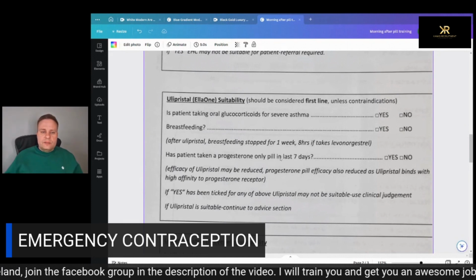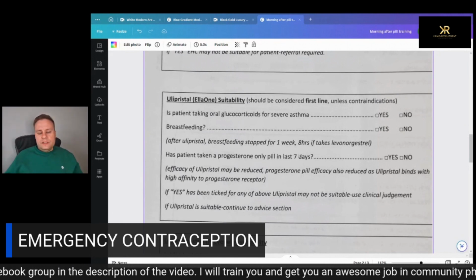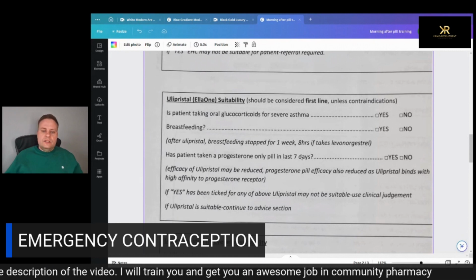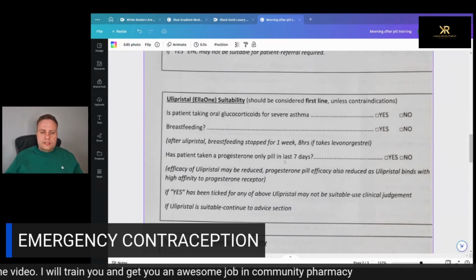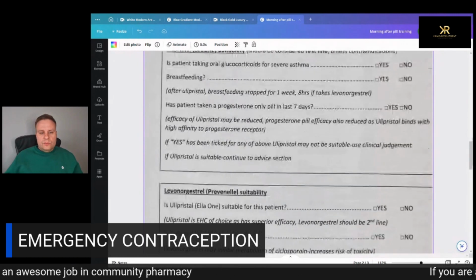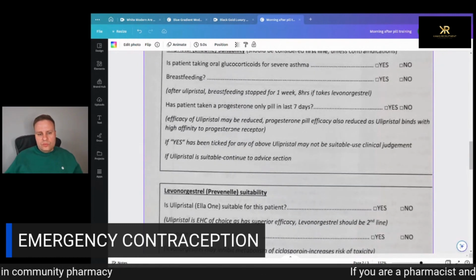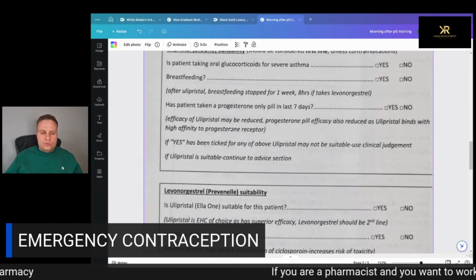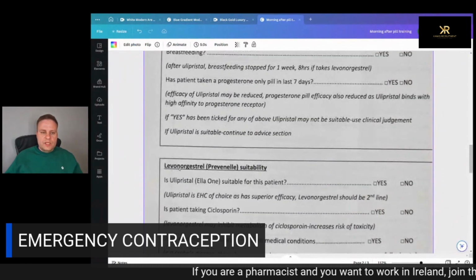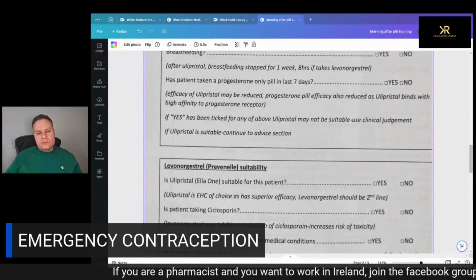If she's been taking a progesterone pill in the last 7 days, then you might consider that Ella-1 is not suitable, and you have to go through to the second option, which would be the levonorgestrel, which comes in many brands.